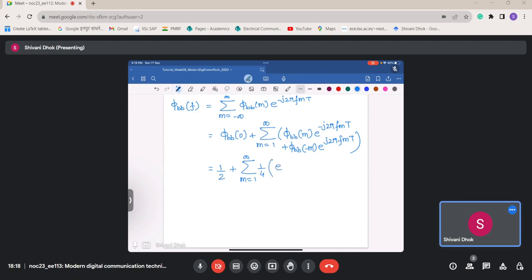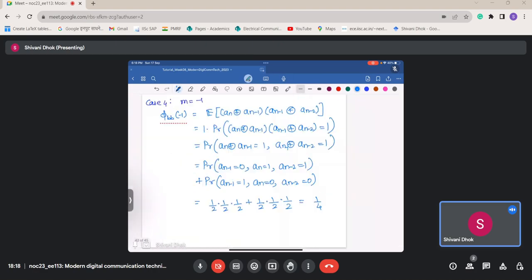So this I can write as e power minus j 2 pi f m t plus e power j 2 pi f m capital T. I can just multiply and divide by 2. So what I have is 1 by 2 plus 1 by 2 summation M running from 1 to infinity, and this quantity here is simply cos of 2 pi f m t, and this thing here is phi BB of f.